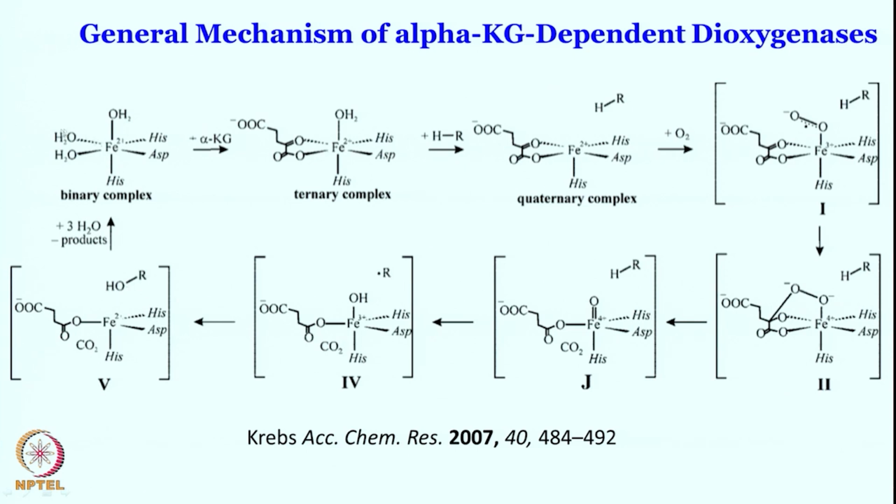Once again, this water molecule goes out, alpha ketoglutarate comes in, RH takes its position, gets set perfectly, oxygen comes in, and forms the iron 3 superoxo. Iron 2 plus was there, it forms iron 3 plus, and it forms the superoxo.